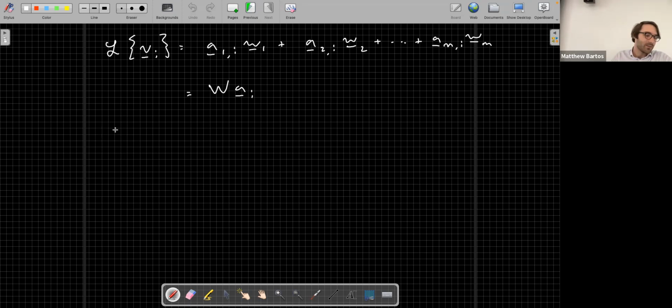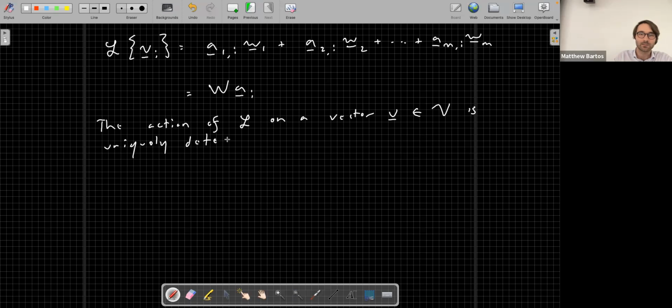We can show that the action of L on a vector U from our domain V is uniquely determined by its action on the basis of V.